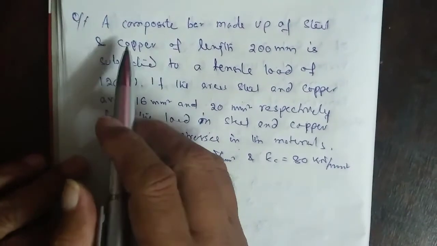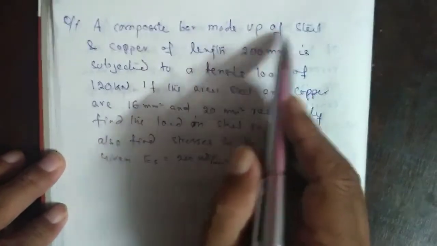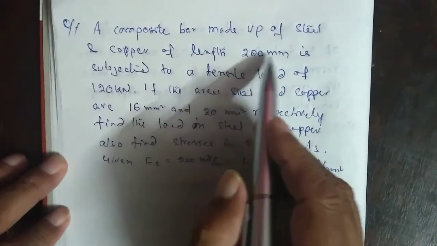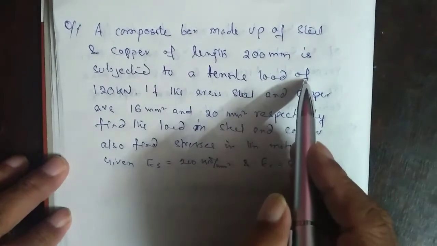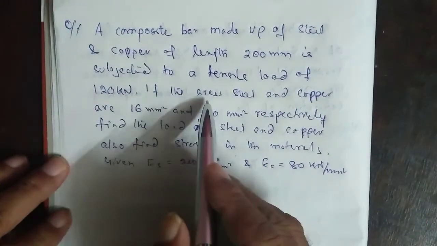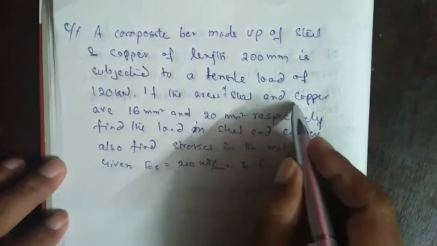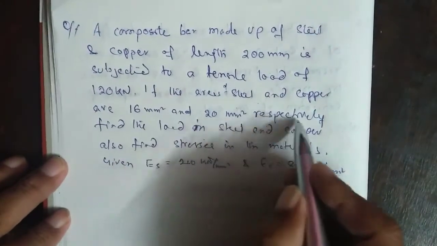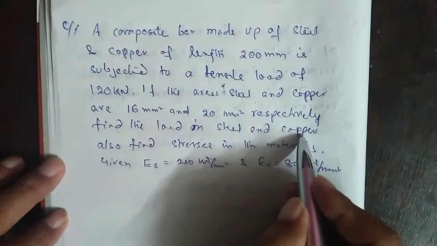So the question is: a composite bar made up of steel and copper of length 200 mm is subjected to a tensile load of 120 kilonewton. If the areas of steel and copper are 16 mm square and 20 mm square respectively, find the load in steel and copper.